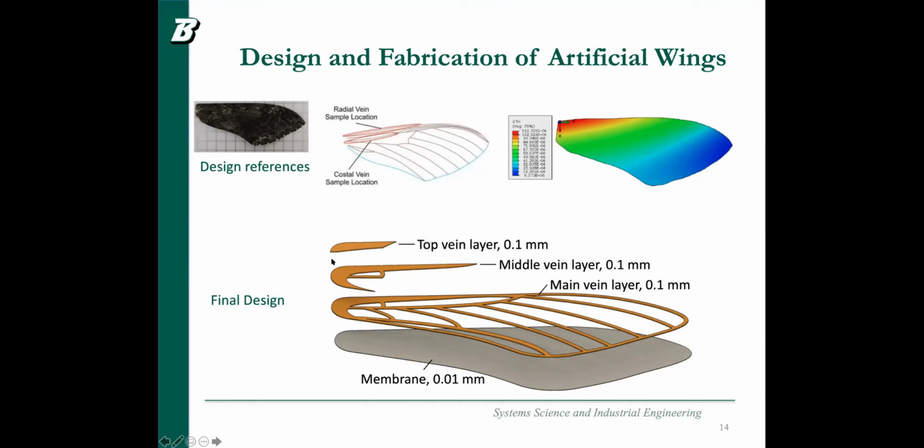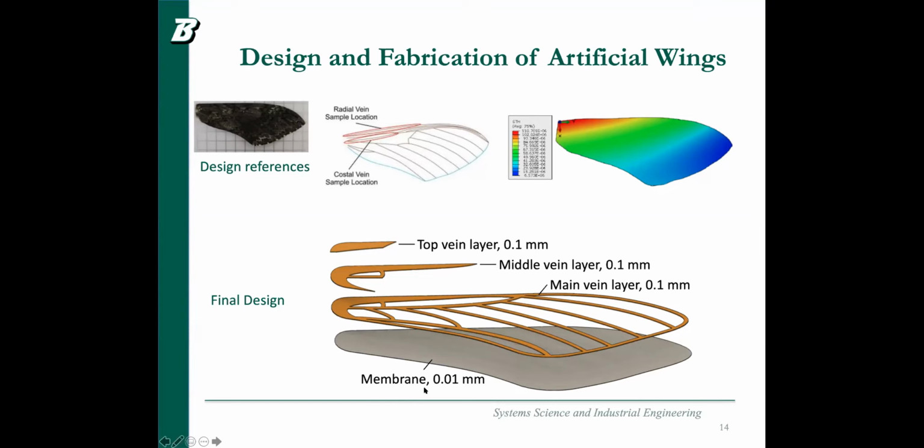Finally, because of the weight requirement, I mentioned it's about 36 milligrams on average. Of course, there are some 33s and some 41s, but the average is 30 something, so we design to be as close as possible.